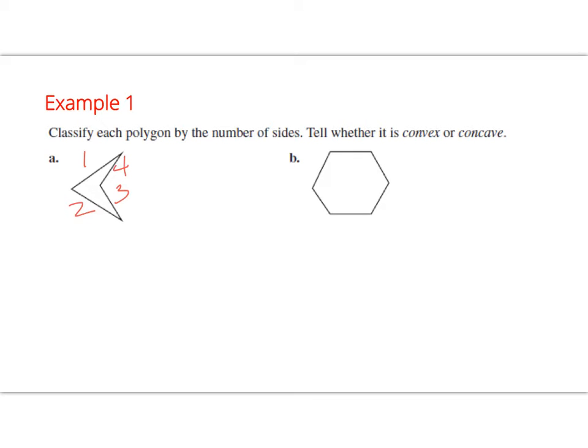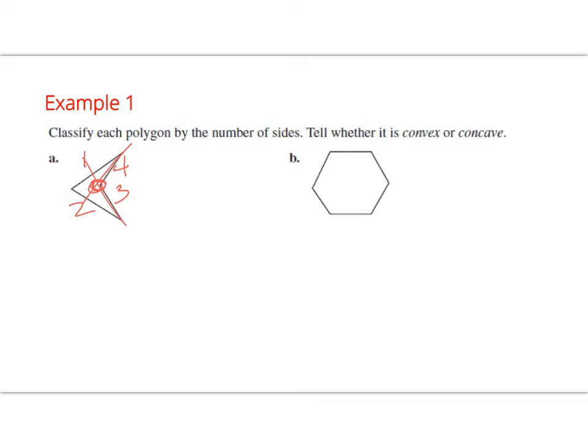And then for concave versus convex, you're looking for whether the sides appear in the interior. So there's one side extended and another side. So right here, it's on the interior. So that means it is concave.